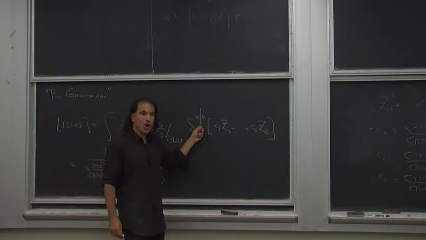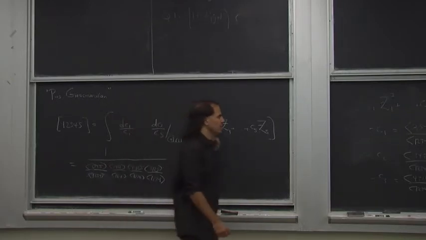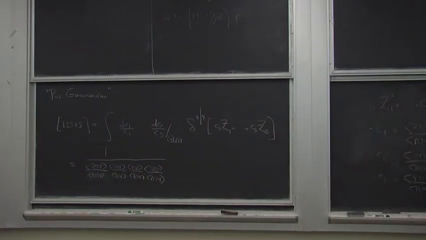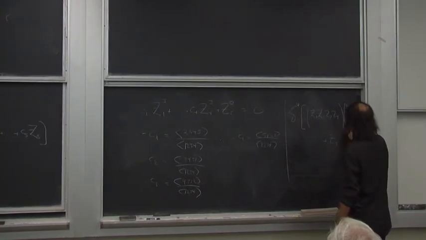But there's a Jacobian from using the delta function. We can be rigorous about it, because that delta function is like delta 4 of the 4 by 4 matrix Z1, Z2, Z3, Z4 dot C1, C2, C3, C4 plus Z5.